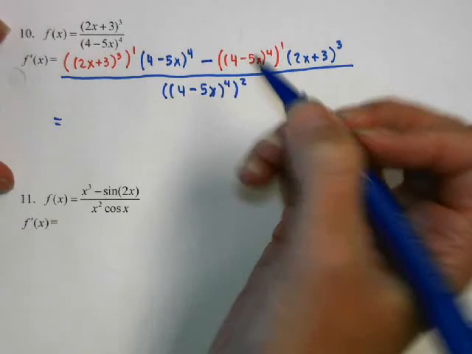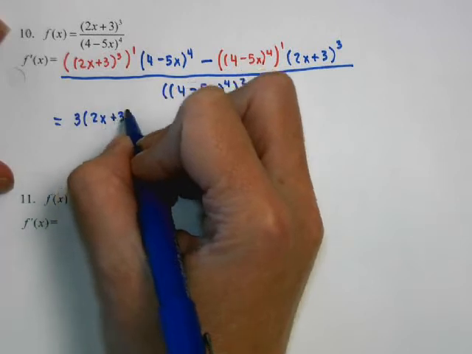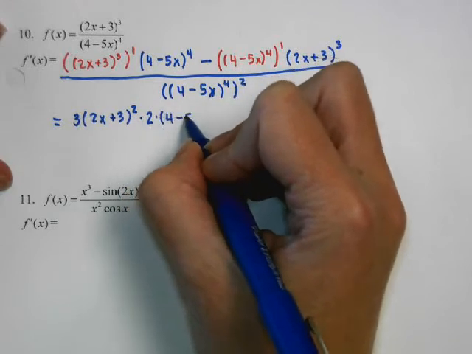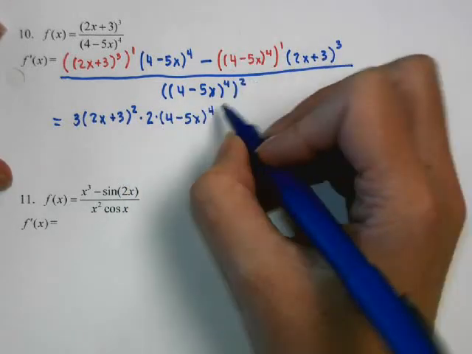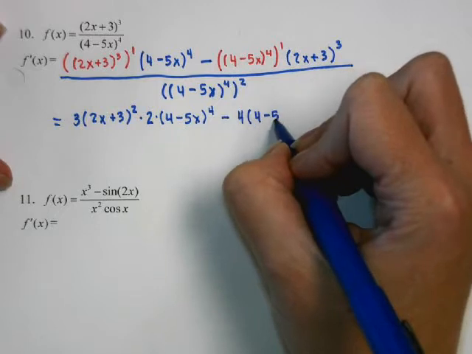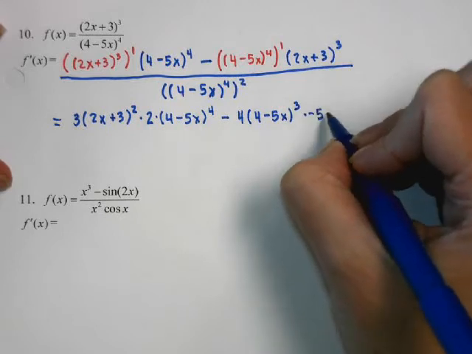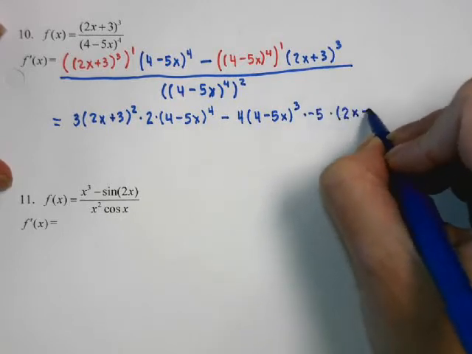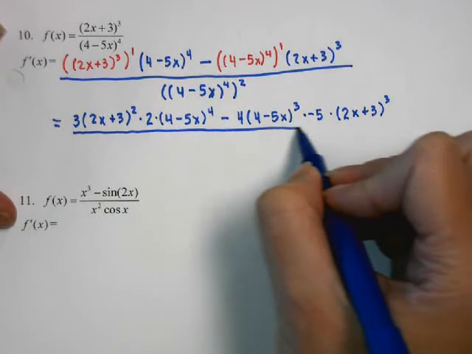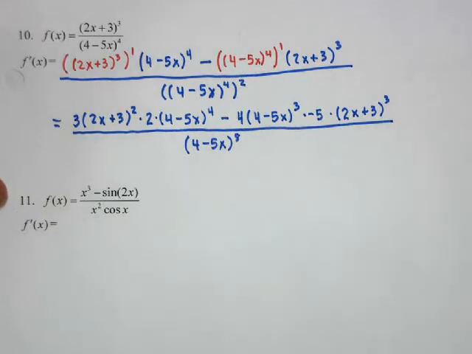So then we're going to do these derivatives remembering the chain rule. So this is going to be 3 times (2x plus 3) squared times 2 times (4 minus 5x) to the 4th, minus this derivative, 4 times (4 minus 5x) cubed times the derivative of the inside, which will be a negative 5, times (2x plus 3) cubed, all over (4 minus 5x) to the 8th.